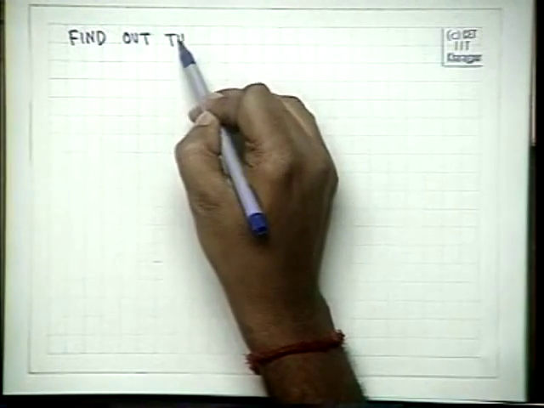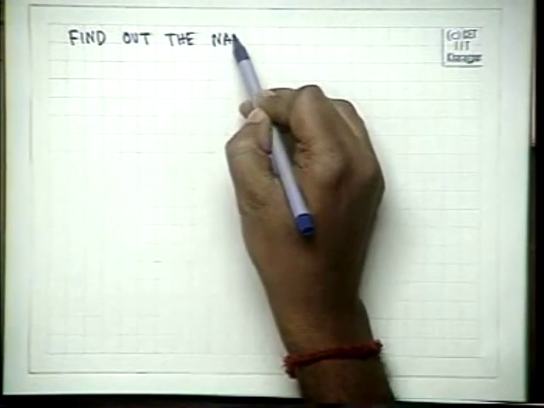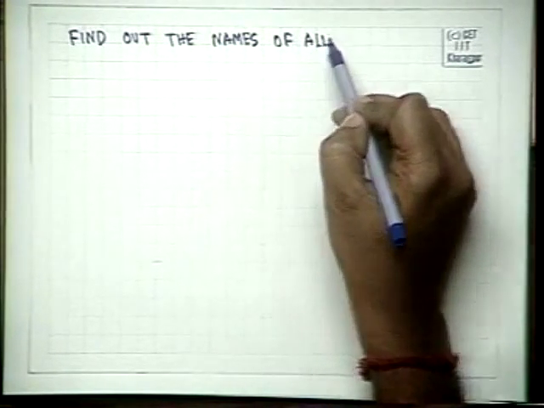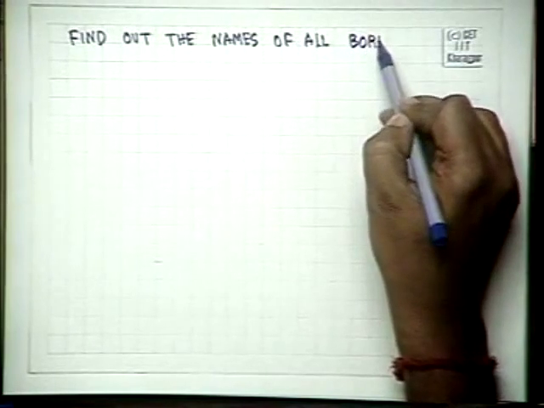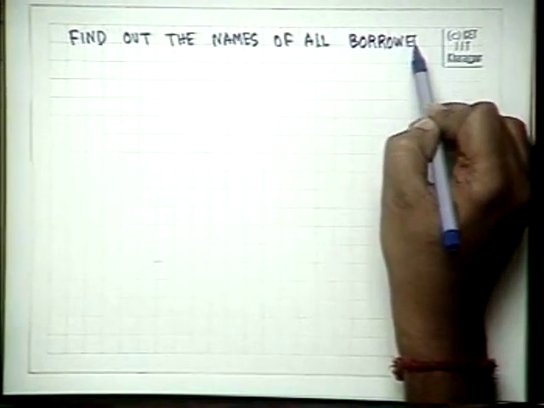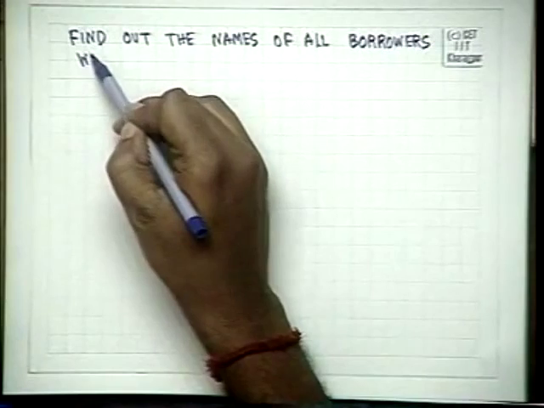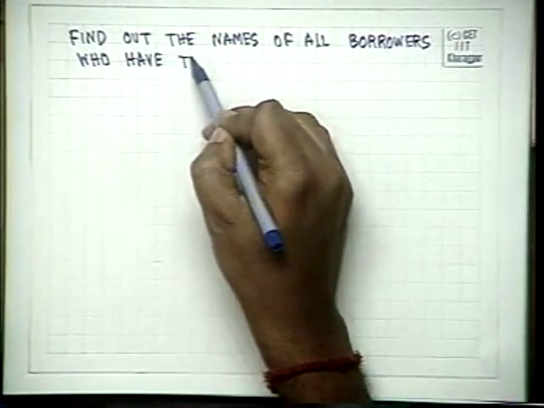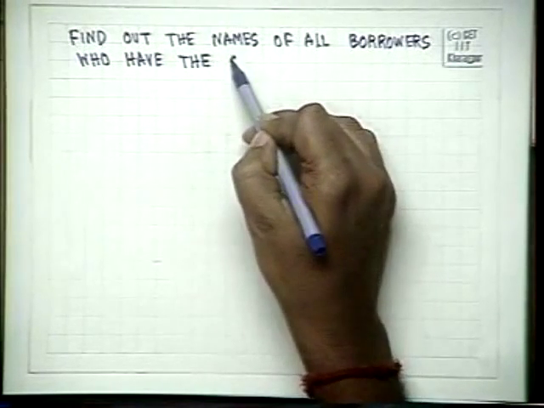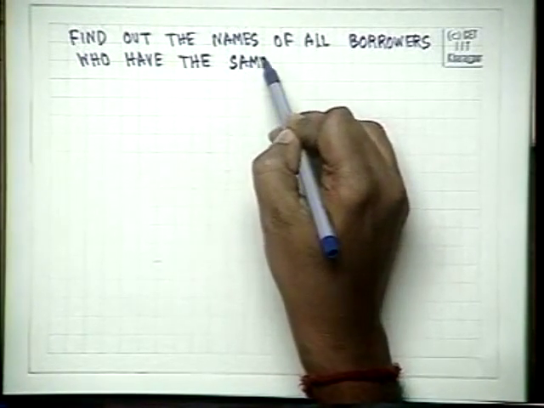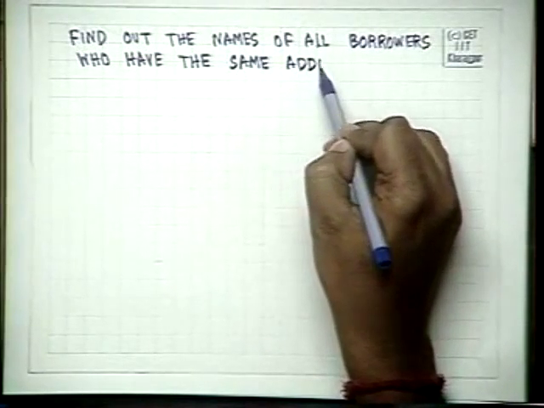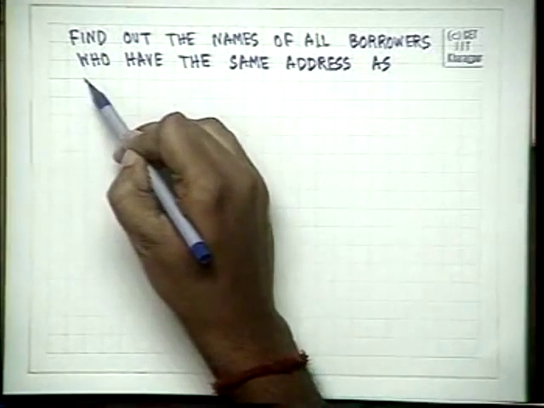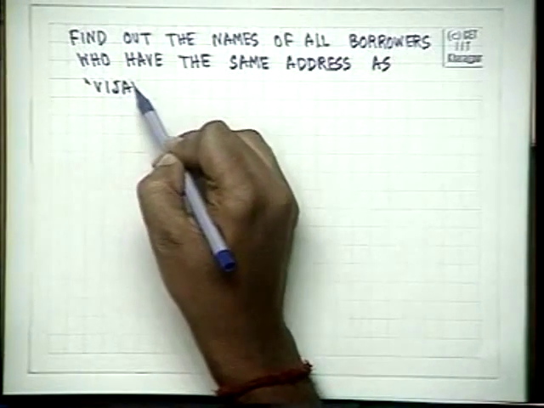Find out the names of all borrowers who have the same address as Vijay.